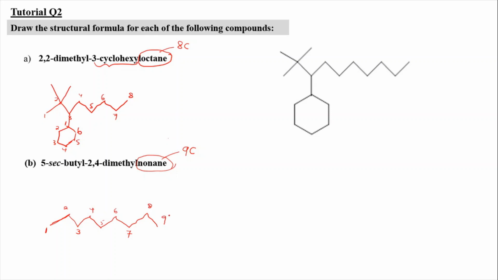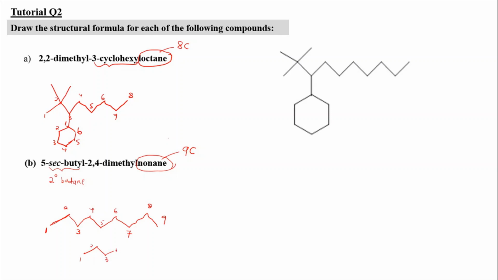Now at carbon number 5 here, there is a sec-butyl attached. Sec-butyl here means it is attaching with a secondary butane. So when it's attaching with secondary butane, you can draw a butane first, where butane has 4 carbons, which is 1 here, 2 here, 3, and 4.